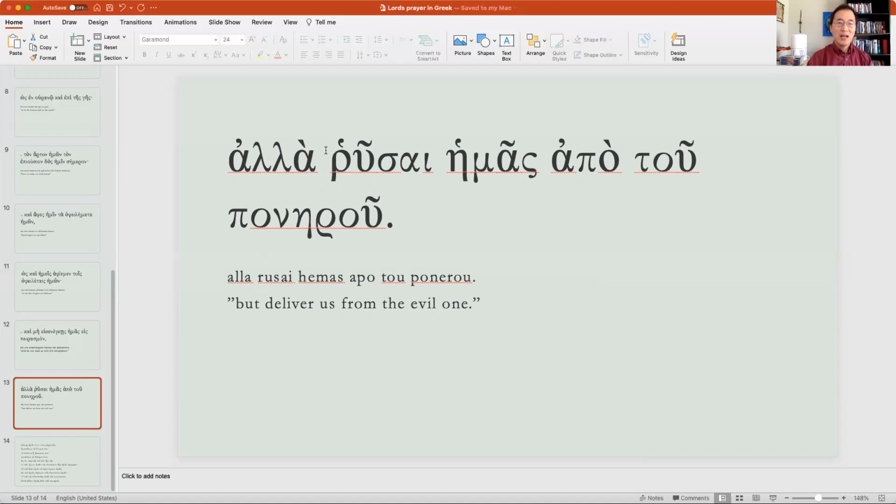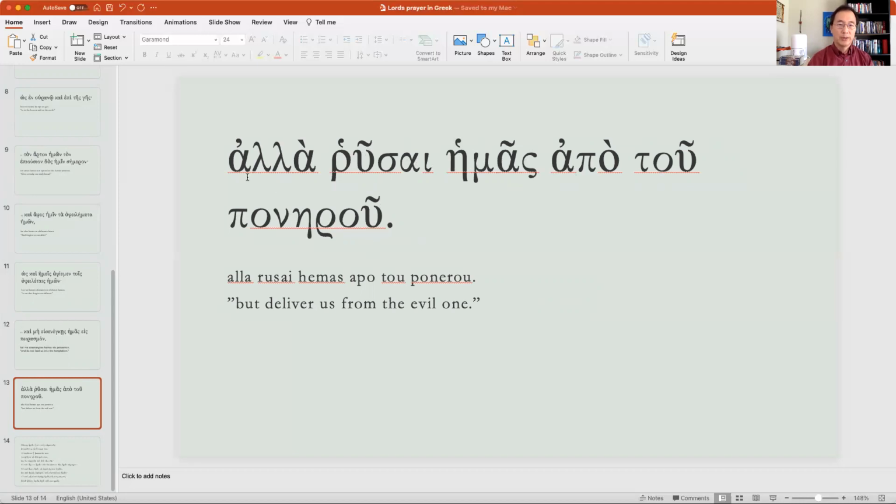Alla, rhysai. This is a rho. It looks like a P, but it is not P. It is an R sound. Rho with a breathing mark, but it is still rho. Rhysai. Hēmas. Apo. Tu. Poneru.